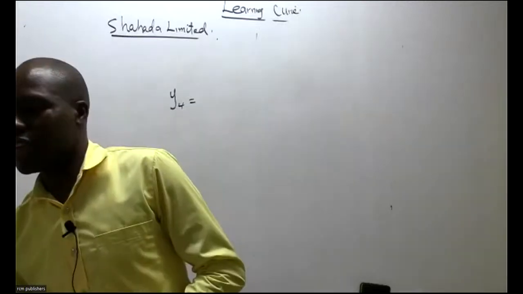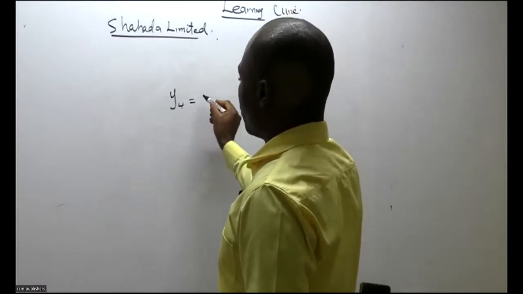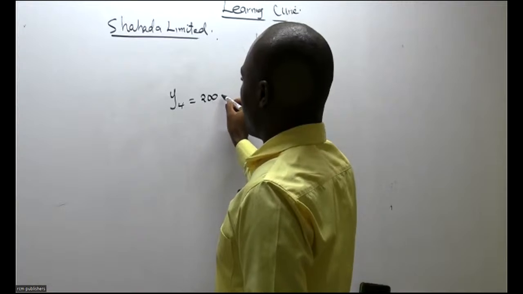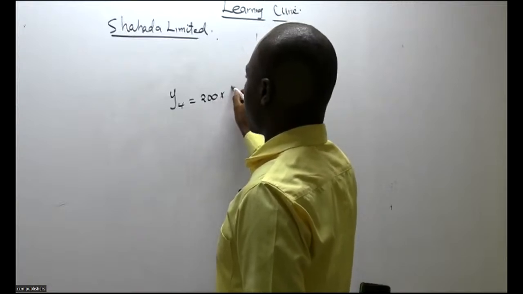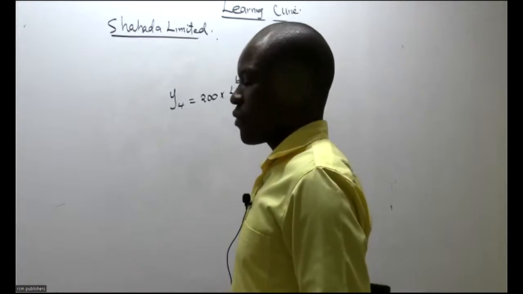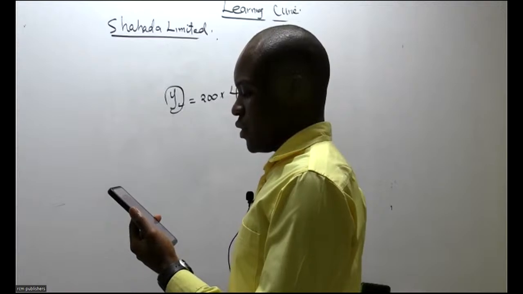Let's see if you are going to have something close to that. Y4 is equal to the amount or the hours for the first unit, multiplied by X, which is 4 raised to the power B plus 1. This one here, we already have it as 648.